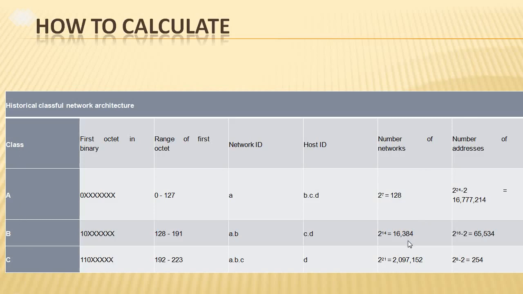The number of networks they can carry is 2 raised to power 7, 14, 21, and the number of addresses they can hold according to the classes is 2 raised to power 24 minus 2. So the number of addresses class A can carry is 16777214. You can easily calculate the same for B and C.